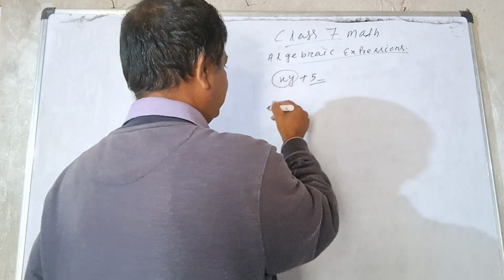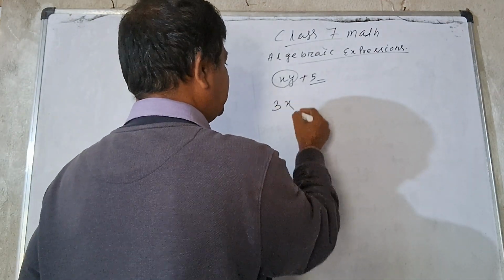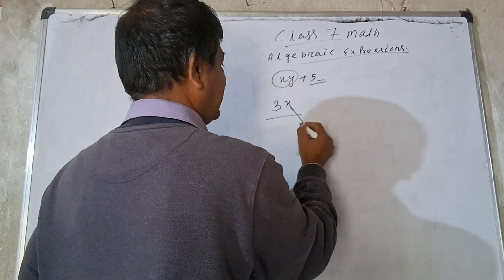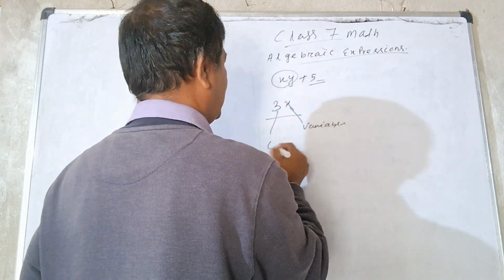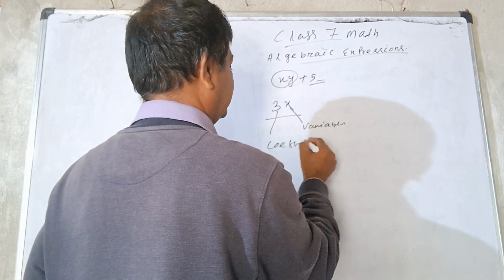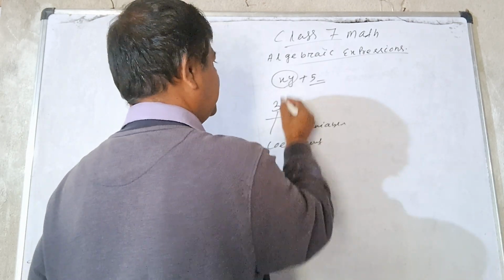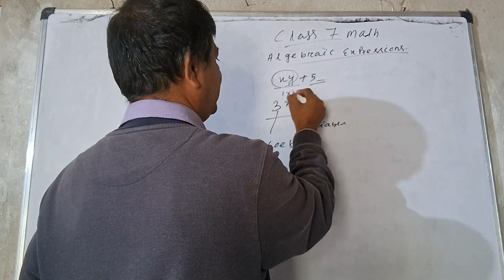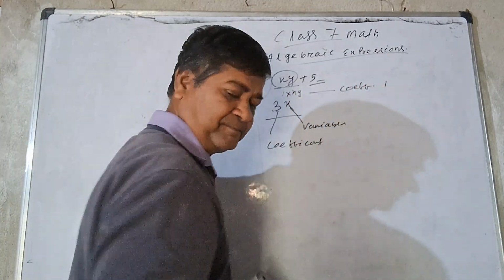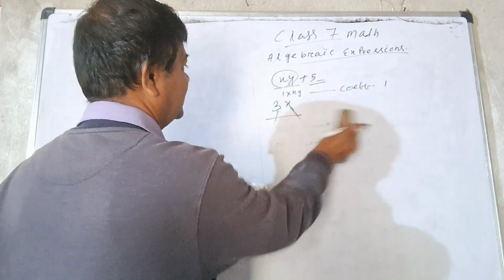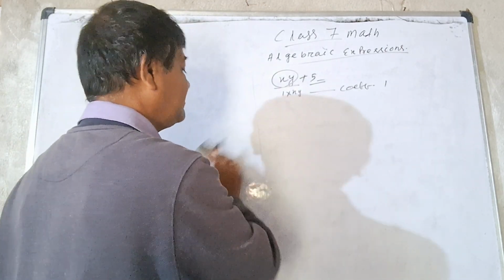Suppose it is 3x. Then x is a variable and 3 is your coefficient. Similarly, xy means 1 into xy, that means the coefficient is 1.